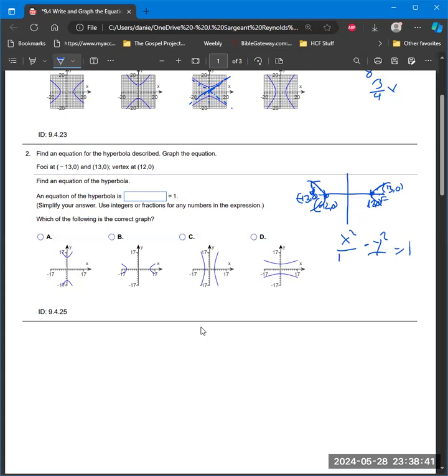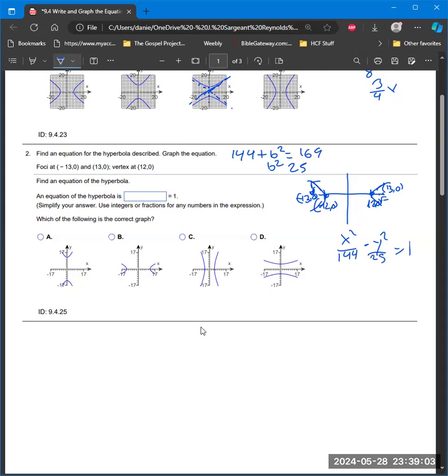12 squared is 144, plus this part equals 13 squared, which is 169. So b squared equals 25.